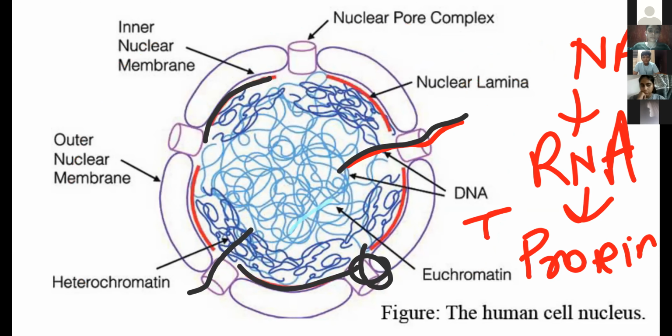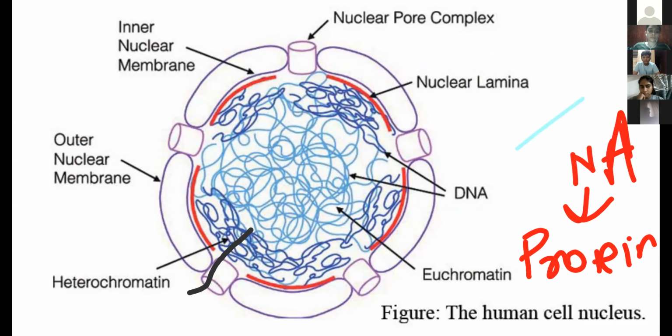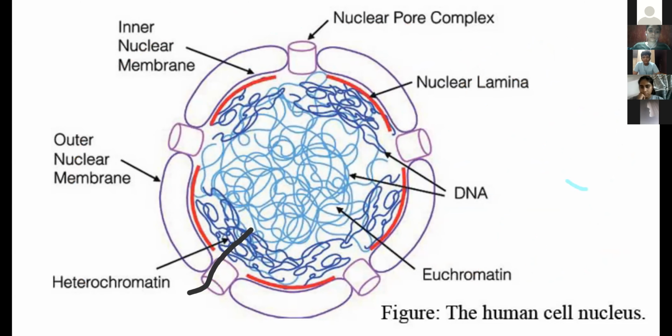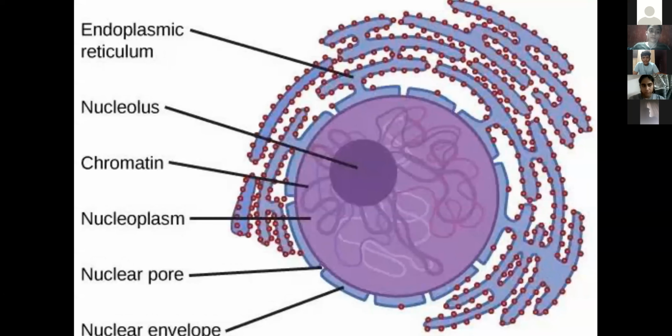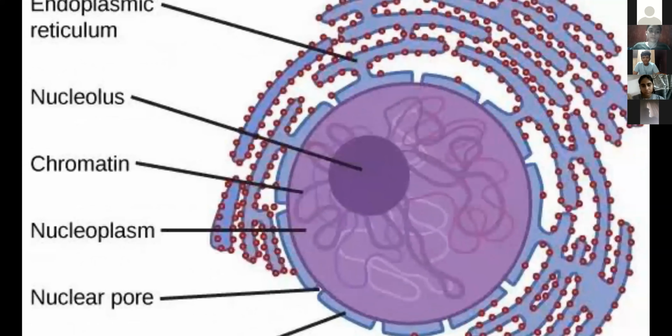Okay, now next thing, nuclear envelope, they show the continuity with... see, this is the nuclear envelope inner layer. Then this one is outer layer.